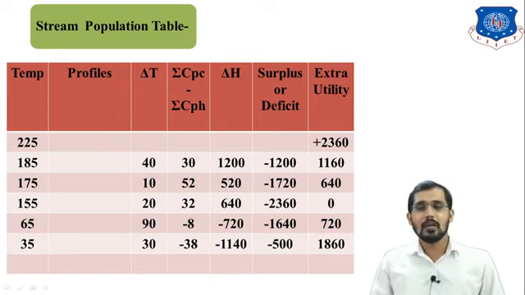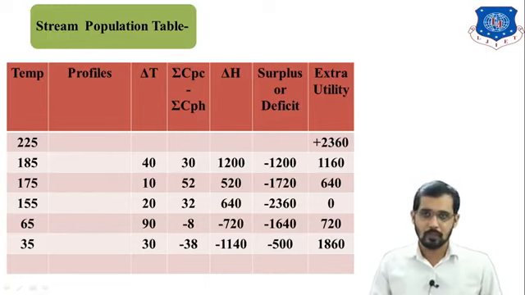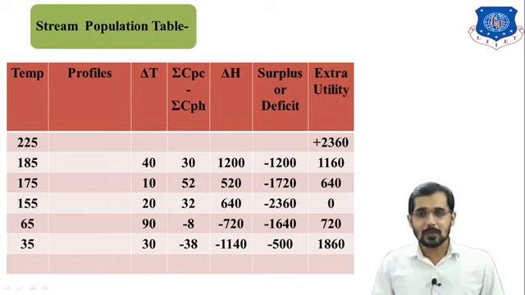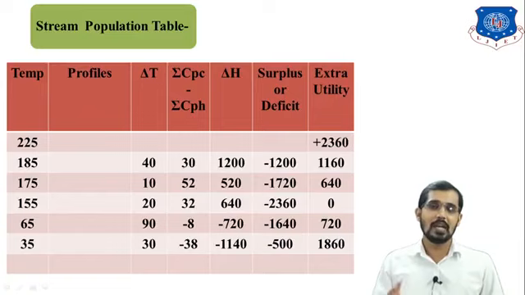So the first step is to write in the stream population table, in the temperature column, all temperatures in decreasing order, but the values should be shifted temperatures, meaning we have removed 5 from the hot stream and added 5 in the cold stream. We have to use that data only.